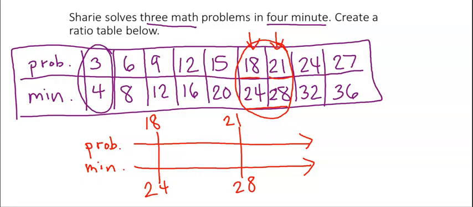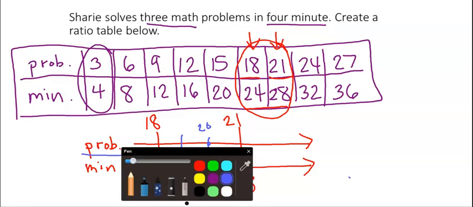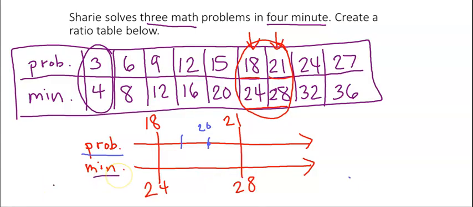Well, we know she has 20 problems, so up on the top line is our problems. So we've got 18, 19, 20. This is how many problems she has to finish. And then looking down here on the bottom in the minutes, I'll do that in purple. In the minutes, we've got 24, and we need to fit in 25, 26, 27 in the middle there.